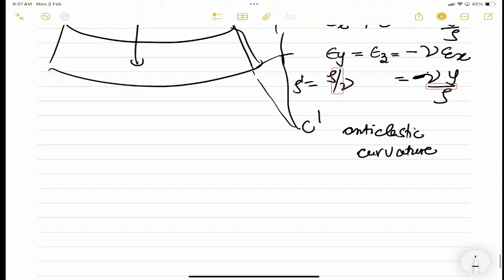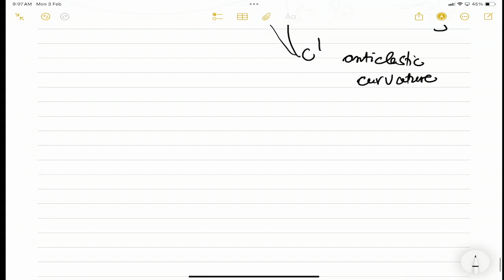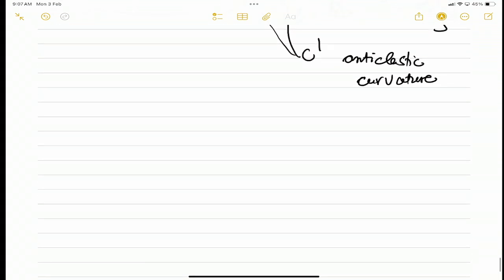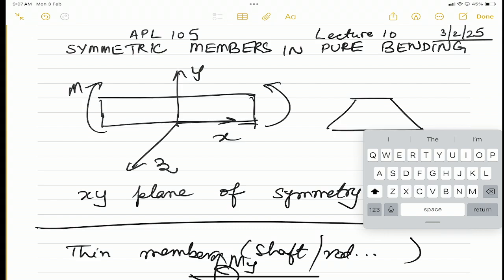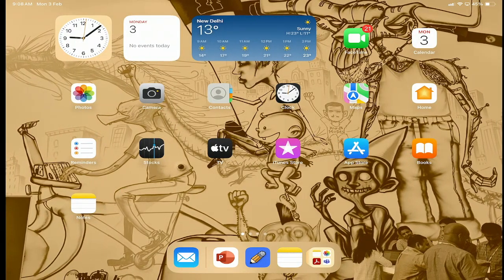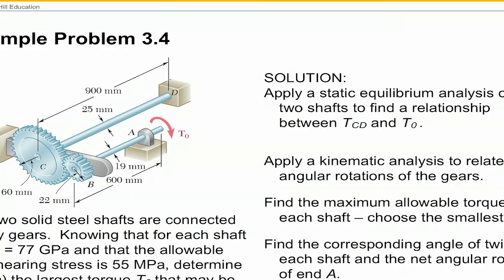Okay. Now let's look at a problem so that we try to understand. Let me see if I can get this figure somewhere. I'm not sure if it's here.